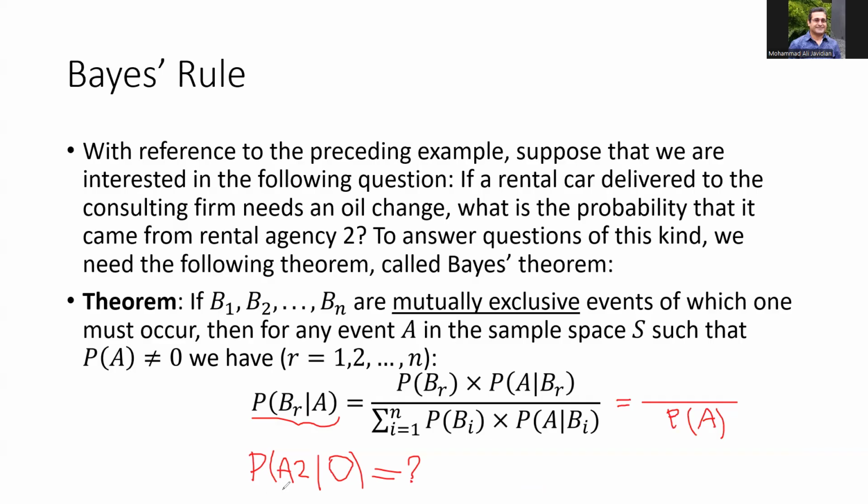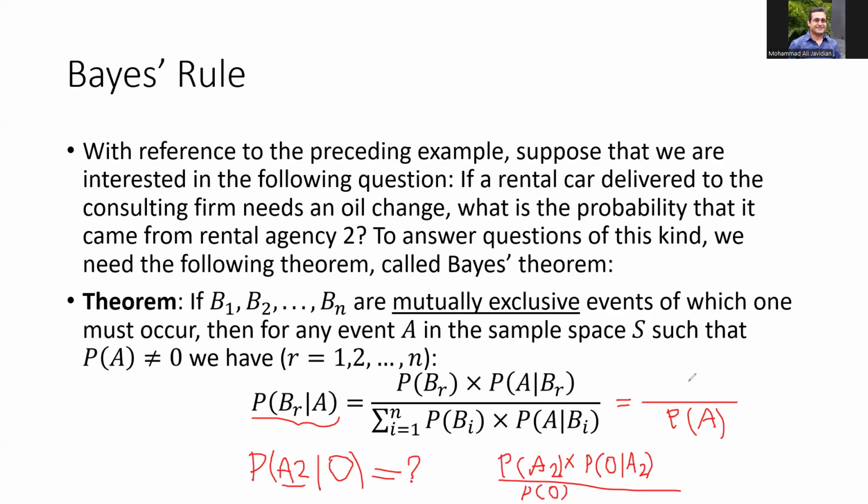For example, here, if you want to compute the probability of agency 2 if we know that the car needs an oil change, you only compute the probability of A2 times the probability of needing an oil change given A2, divided by P of oil change.